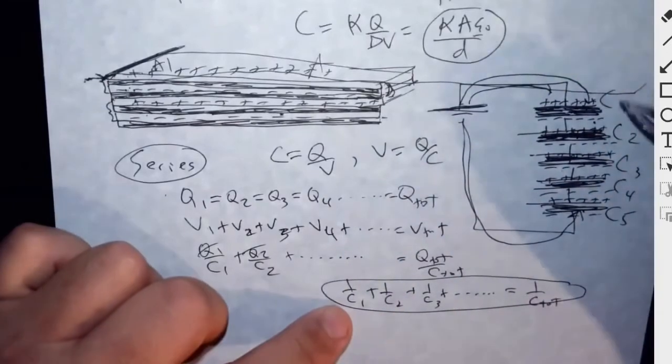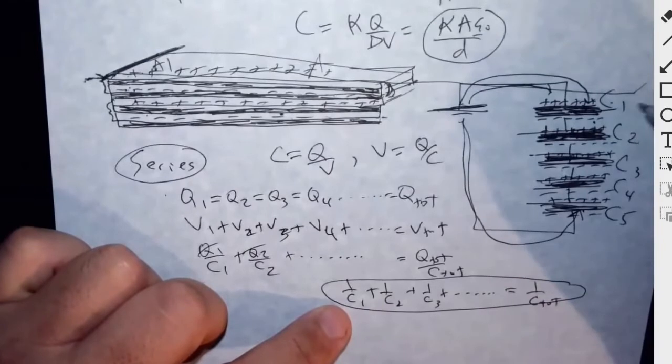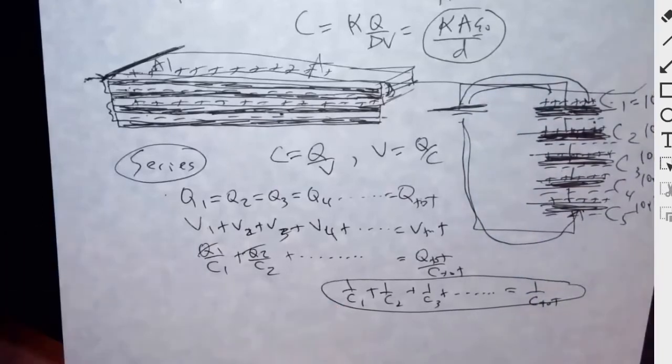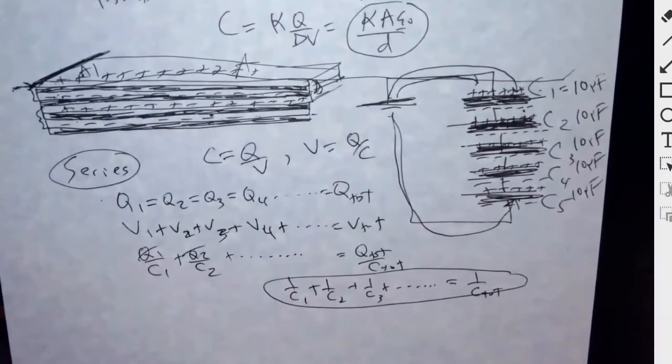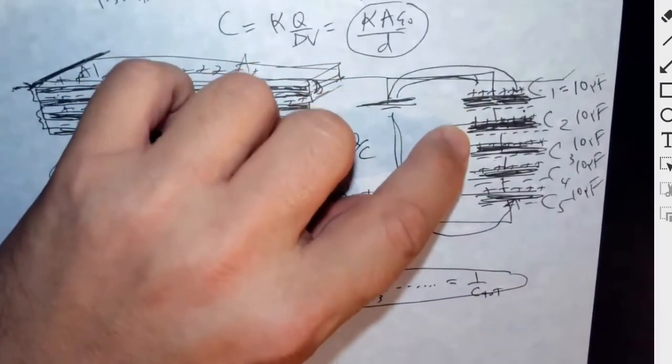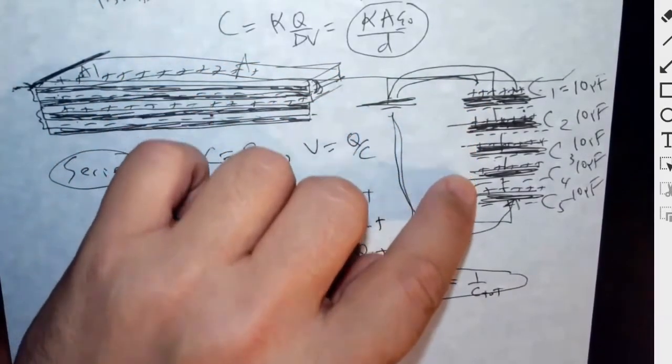So in other words, if each of these had a capacitance of 10 microfarads, let's say you had 5 of them, what would be the net capacitance of that? 5 of those aluminum sheets with the dielectrics, right?